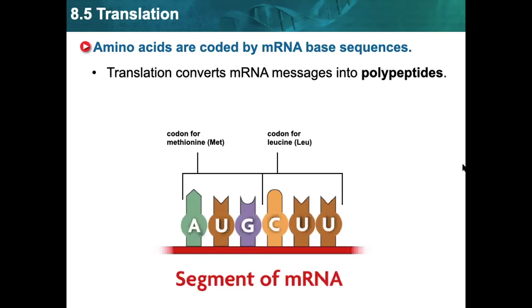Amino acids are coded by mRNA base sequences. So mRNA has the code that creates the protein. And the translation is what converts that code into a protein, also called polypeptide.